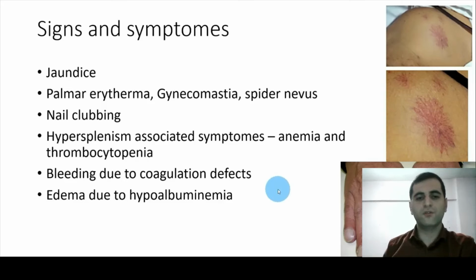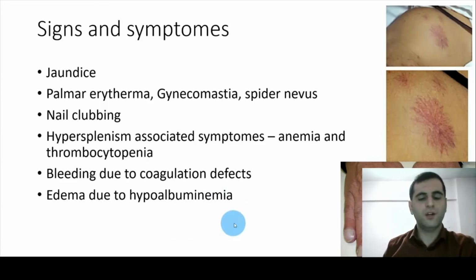So when the liver can't function properly, coagulation defects occur, and prothrombin time increases, and it may cause some mucosal bleedings, and also it may make it easier for esophageal varices to rupture and cause life-threatening bleeding.